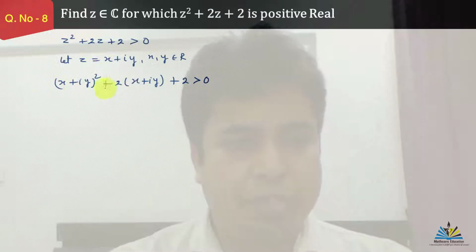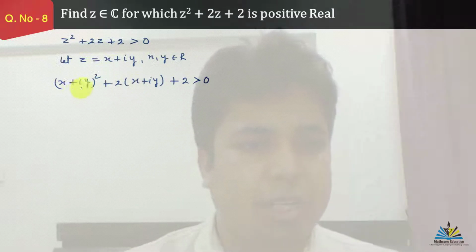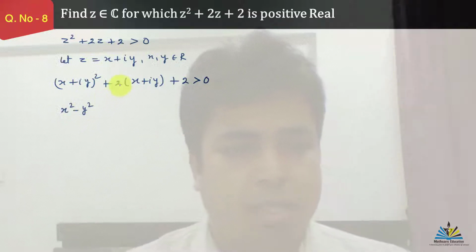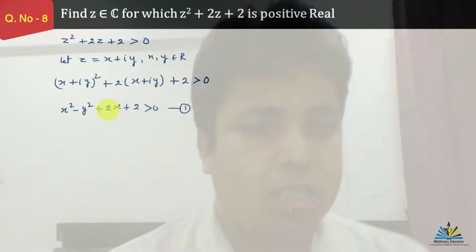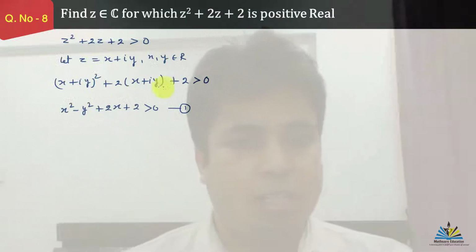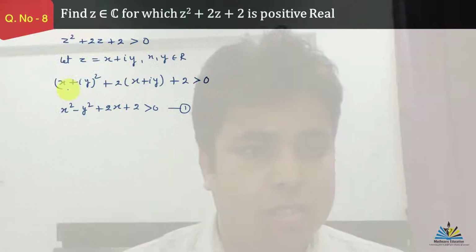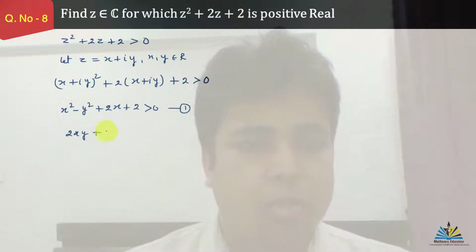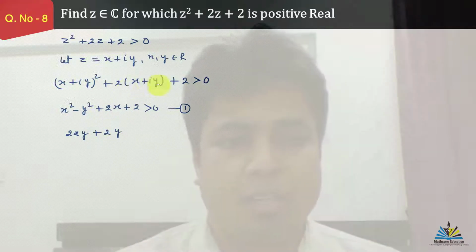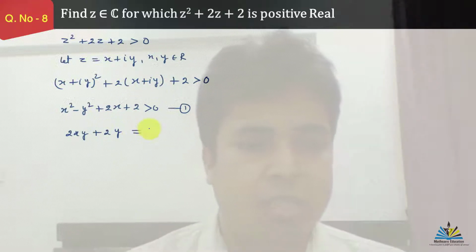If we separate the real part, we will get x square minus y square plus 2x plus 2 greater than 0, that is one inequality, and the imaginary part of this expression must be 0. So that is 2xy, that is the imaginary part, plus 2y, that is also imaginary part, must be 0.